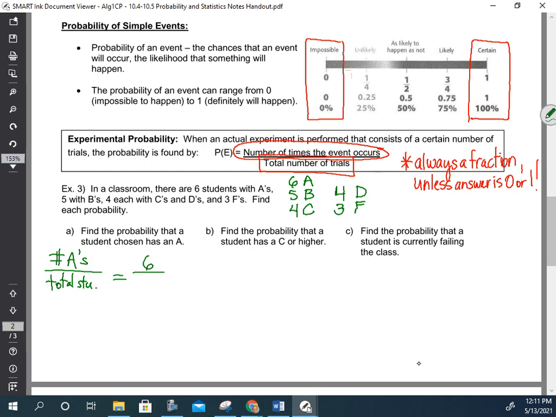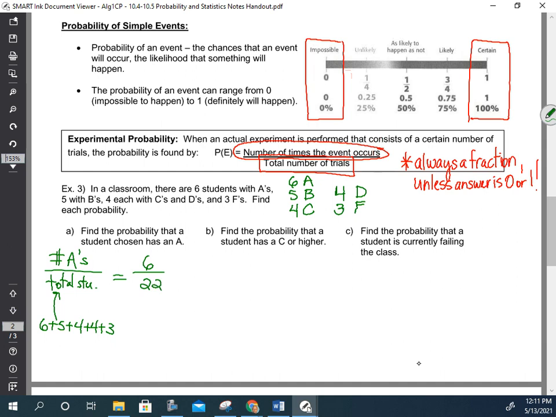There's more than 6. Oh, we have to count everything. So the total number means you gotta go and add up all the numbers. 22? Yes. So there are 22 total students.